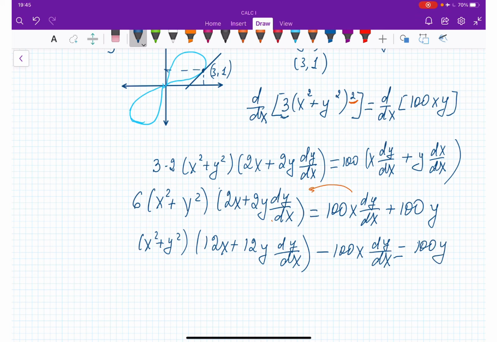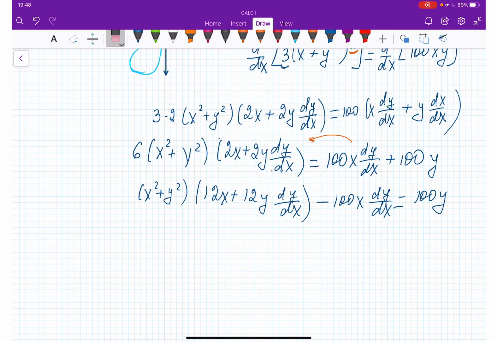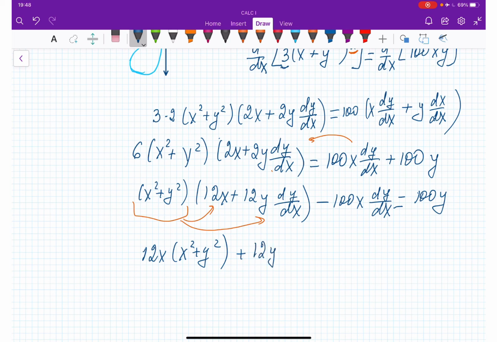Okay? So now I'm going to take this entire parenthesis and distribute by this one and this one. How am I going to do it? It's going to be 12x times (x squared plus y squared), and then plus 12y times (x squared plus y squared) dy by dx.